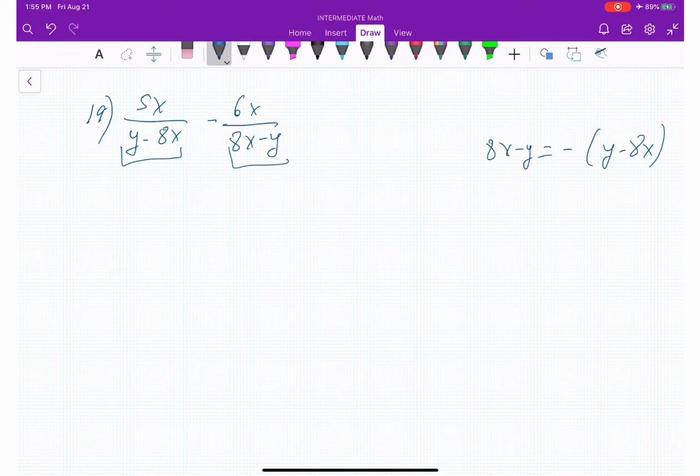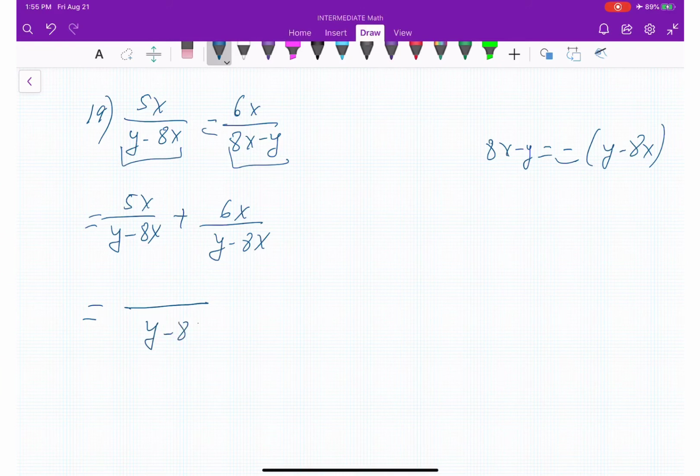So I have 5x over y minus 8x. Since I have a negative here and a negative also, it's going to become plus 6x over y minus 8x. And the answer will be very easy. y minus 8x, and here we get 11x because 5x plus 6x is 11x.